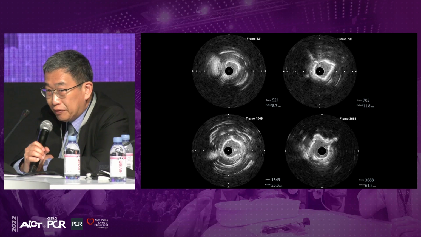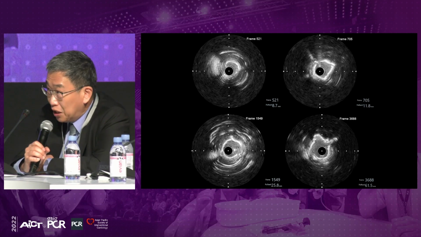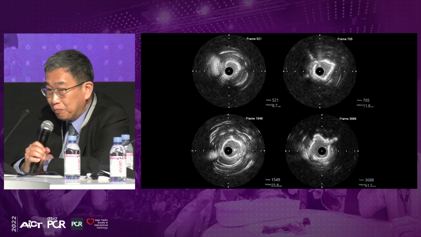Actually, we do not have shockwave now, and I have no experience with shockwave, because this is a lesion that was already prepped with some kind of balloon before. In the IVUS, I think there is still some questionable undilatable lesion. For me, I will compare the angiogram with the IVUS first, and if there is still marked recoil of the artery diameter, maybe I will prep further with an NC balloon.